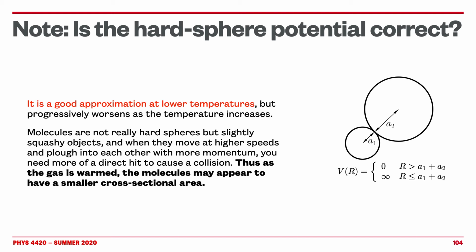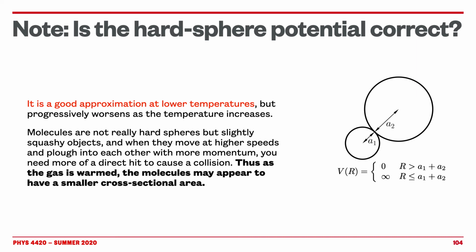It turns out that it works well because sigma, which is pi (A1 plus A2) squared, is essentially temperature independent. It's actually mostly temperature independent so long as temperature is low enough.